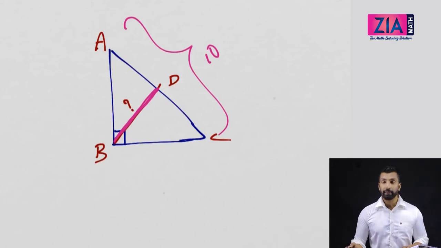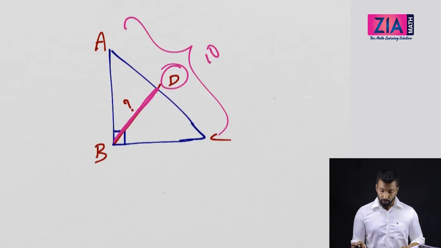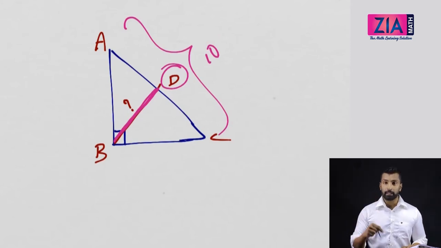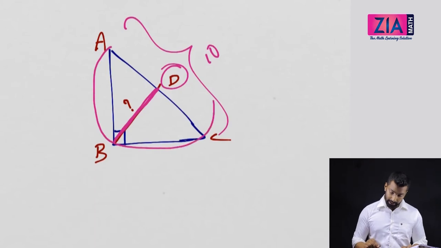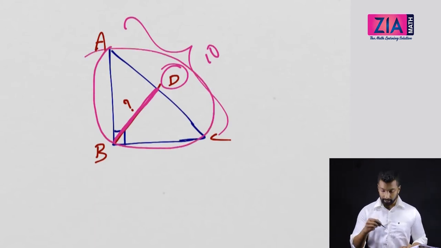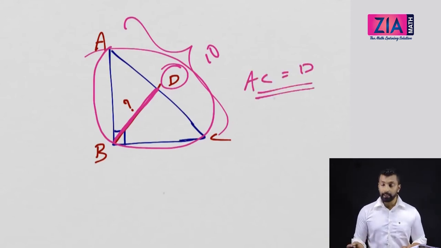What is BD? See here, D is the midpoint, right? So you need to remember this property that I have discussed. If you draw a circumcircle touching the 3 points, AC is actually the diameter, right? So AC is the diameter and D is the midpoint, means AD is the radius.